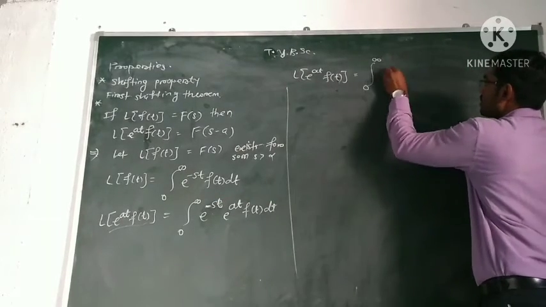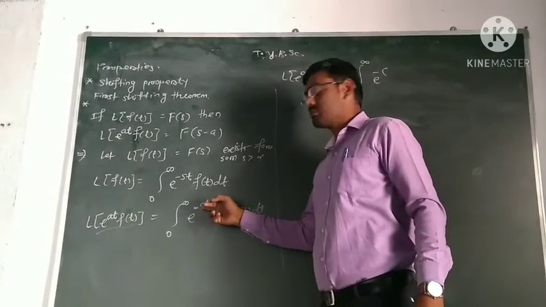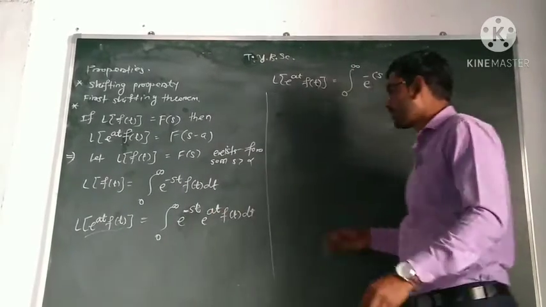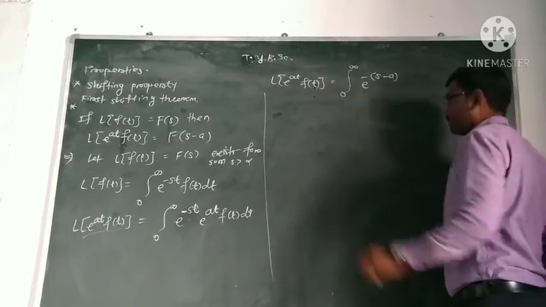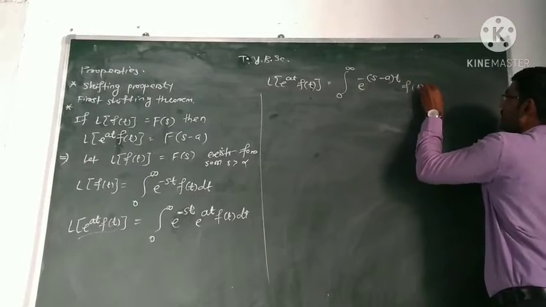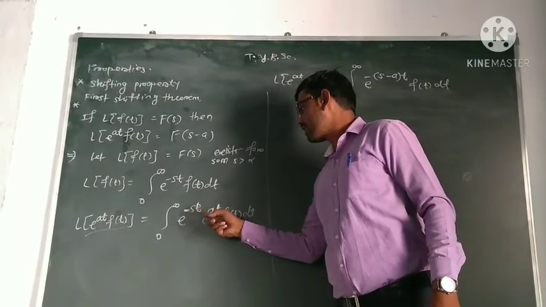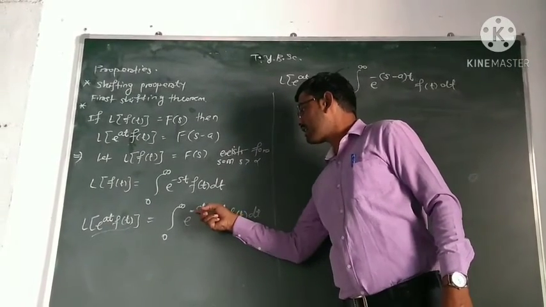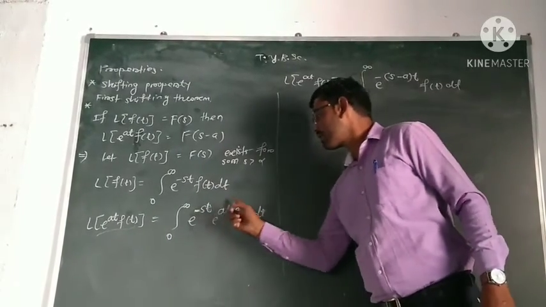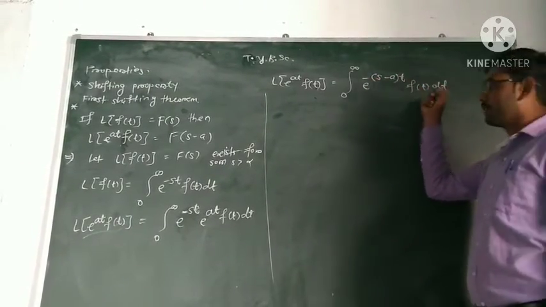Here it is plus a, but we are taking minus outside, so we write minus a into t common, into f of t dt. See, e raised to power minus st plus at, that is a minus s, but we are taking minus common, so s minus a and t is common. Now look at this: e raised to power minus (s minus a)t f of t dt.